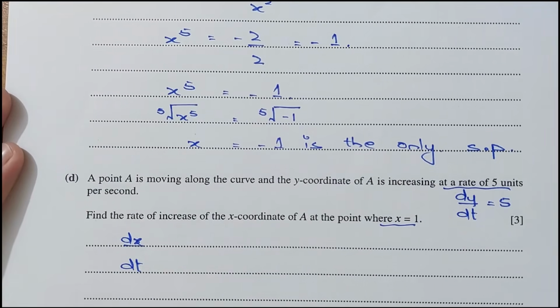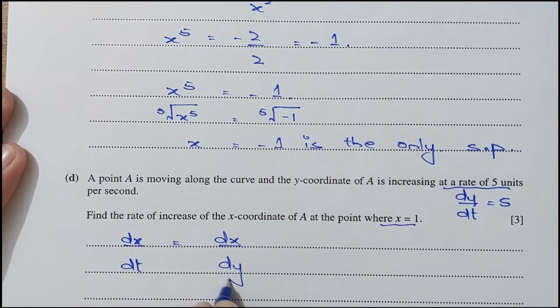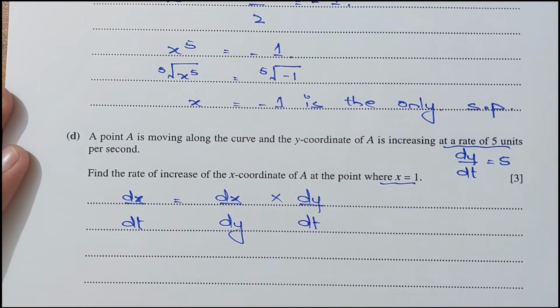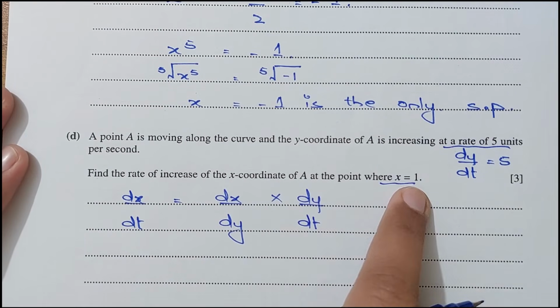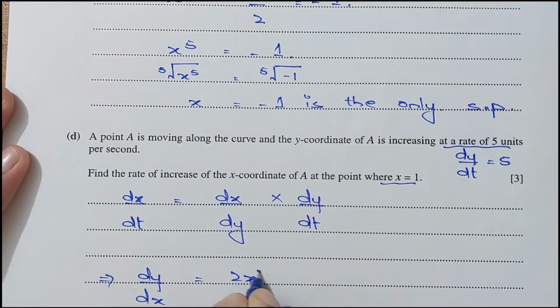What is dx over dt? Using the chain rule, we have dx over dy times dy over dt. So we have the value of dy over dt, which is 5. We have to find dx over dy at x equals 1. Okay, so we have dy over dx, which is 2x cube plus 2 over x square.